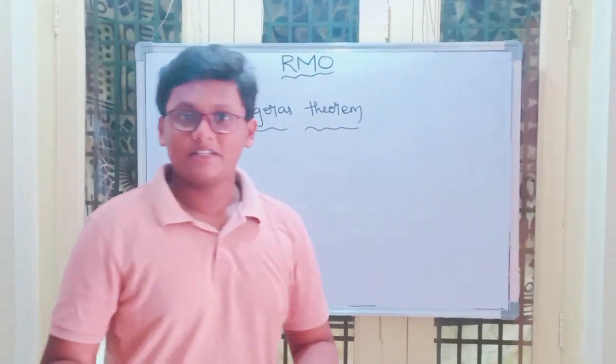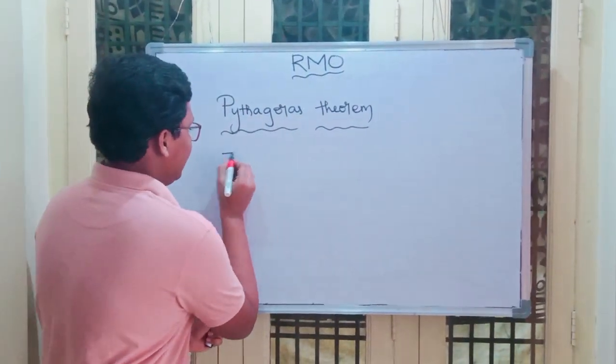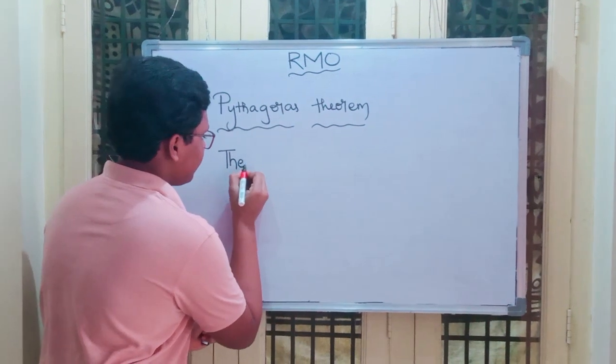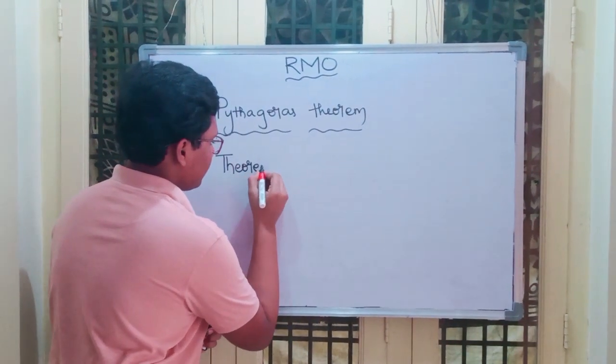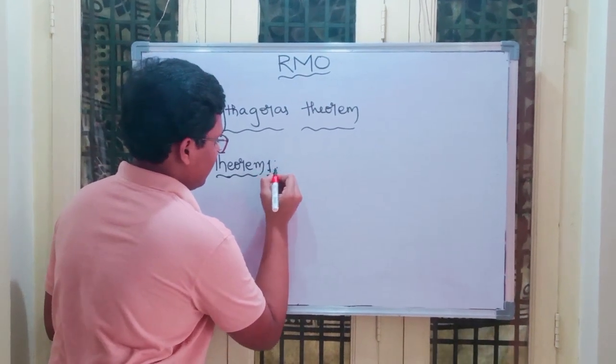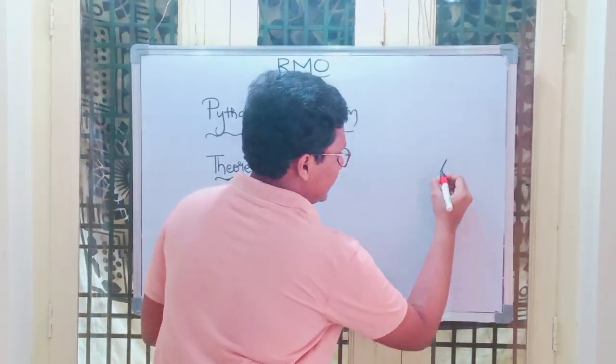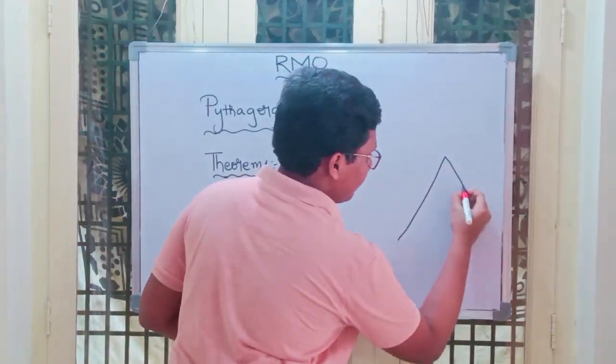Now, I'll explain an application on Pythagoras theorem. We'll take theorem 1. In this theorem, we take a triangle ABC.